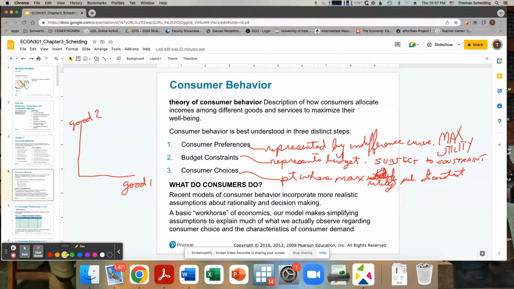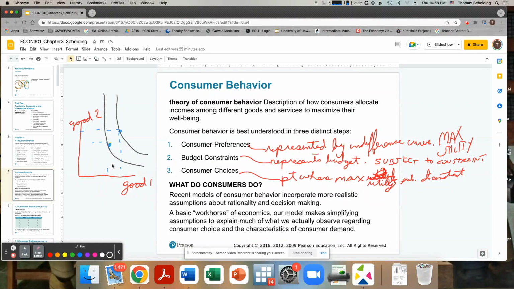And what we would do is say, oh, a person will have this much happiness if they consume that quantity of one and that quantity of two. And they would have even more happiness if they consumed more of both goods. But what we're going to see is that we can draw a curve, and we'll talk about why this curve looks this way.